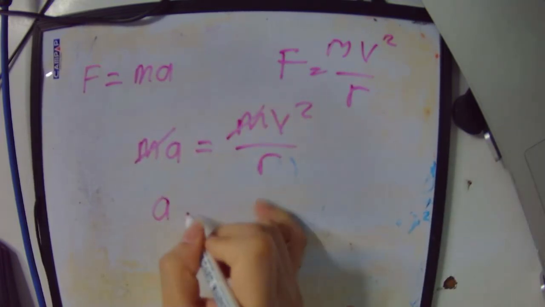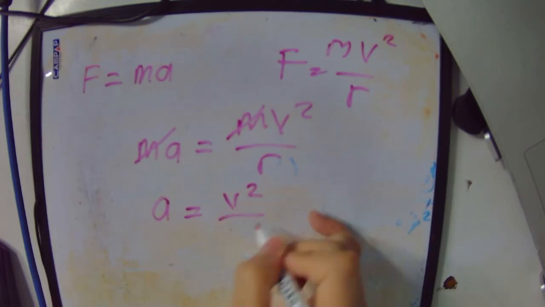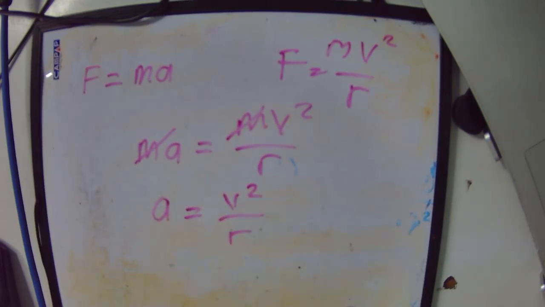So we end up with a equals v squared over r. That's how we get the formula for centripetal acceleration.